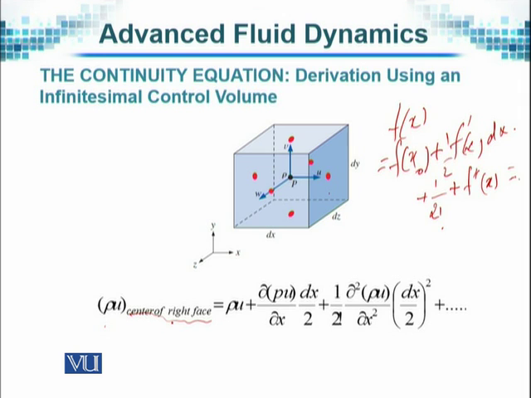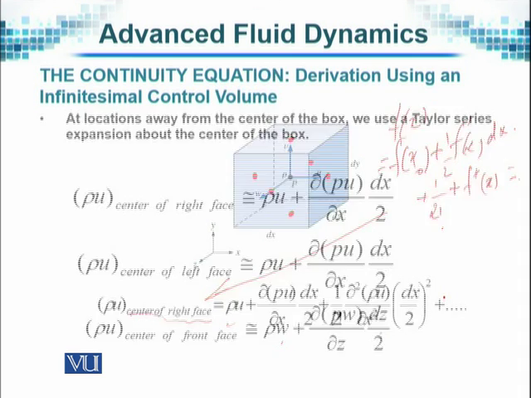If I write the same equation in the same way for the value of rho u, because we are trying to calculate the total mass of fluid that is moving out, it will be rho u plus the first term and then the second term, and then there will be infinitely many higher order differential terms. We try to take a linear approximation, and therefore we ignore the higher order terms and retain only the linear component, that is, the first term.